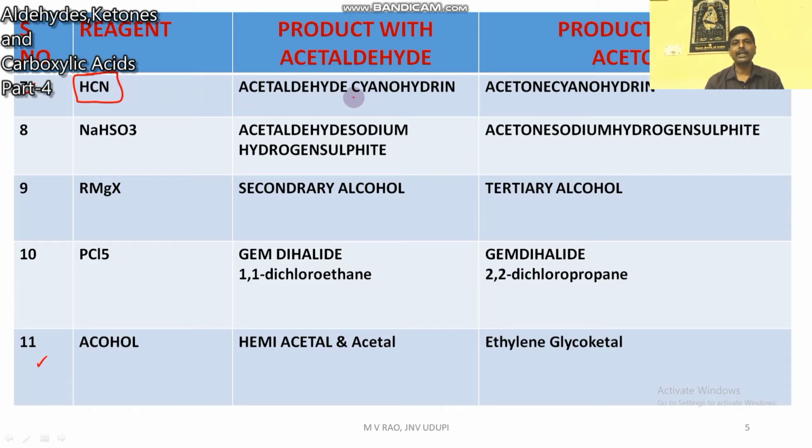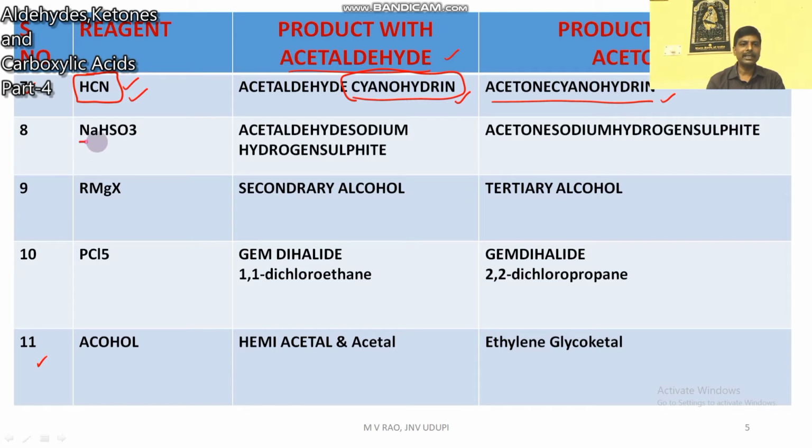The product name will be cyanohydrin. If HCN reacts with acetaldehyde, the product is acetaldehyde cyanohydrin. If HCN reacts with acetone, the product is acetone cyanohydrin.